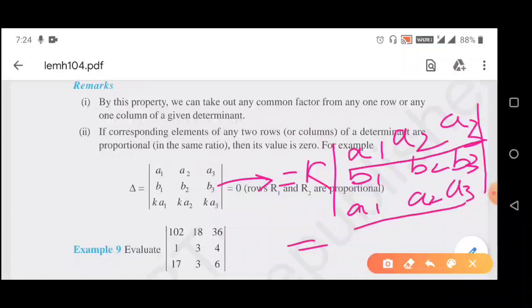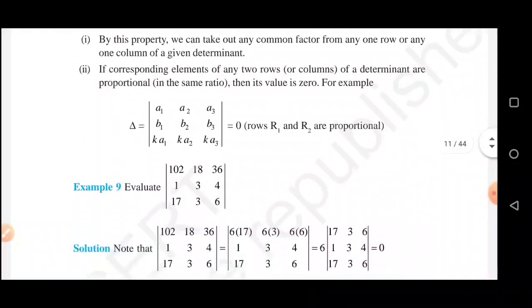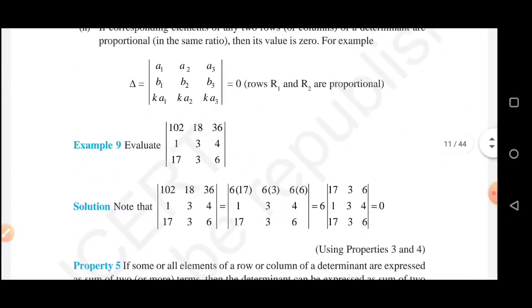We know if two rows or columns are identical, then the value of the determinant is 0. So K into 0, and that is according to property 3. So the value of the determinant will be 0. So according to this remark, if corresponding elements of any two rows or columns of a determinant are proportional, then its value is 0. Here example 9 is also given.